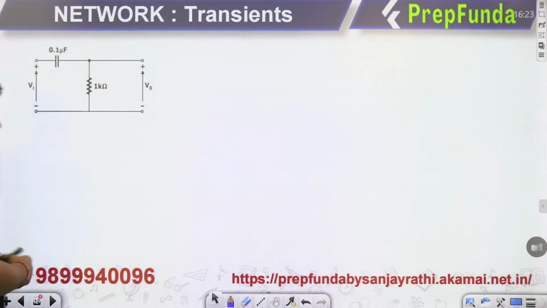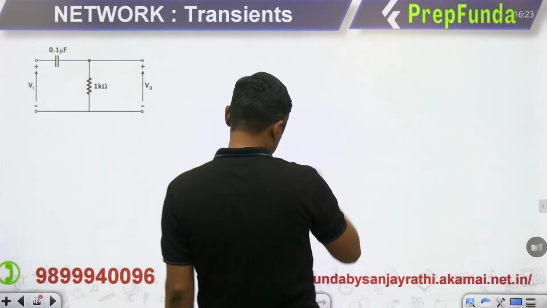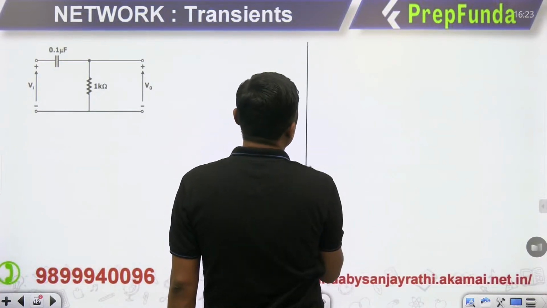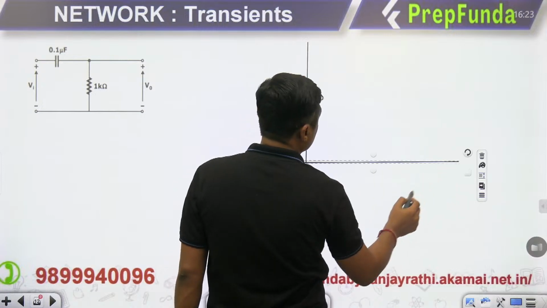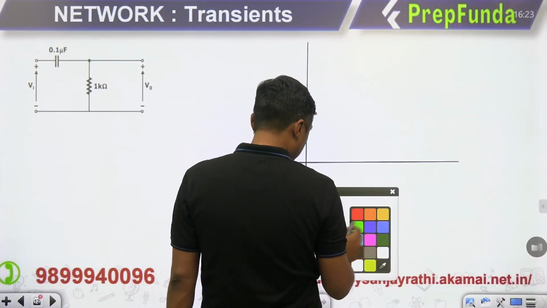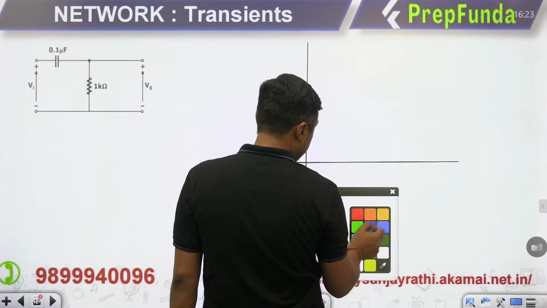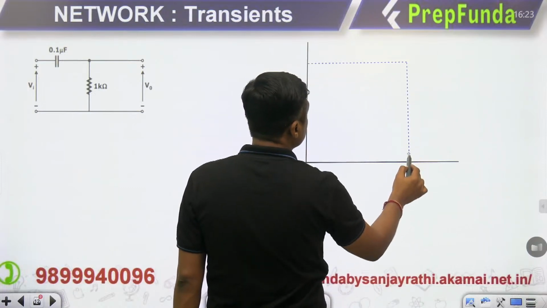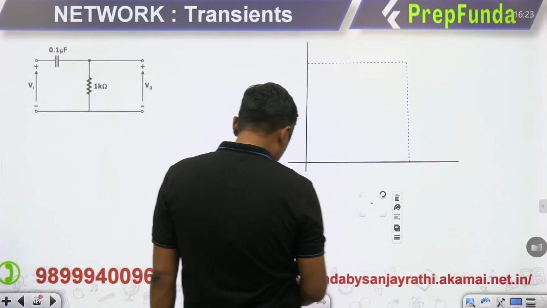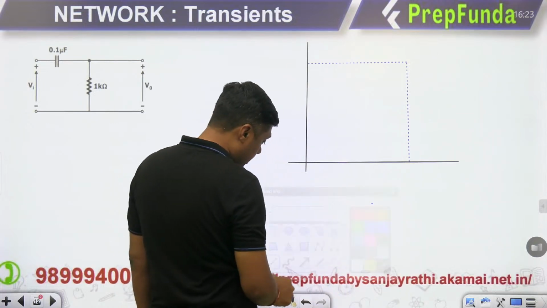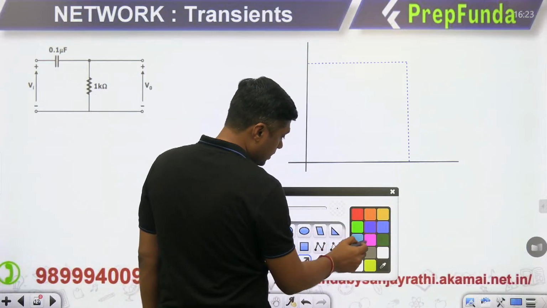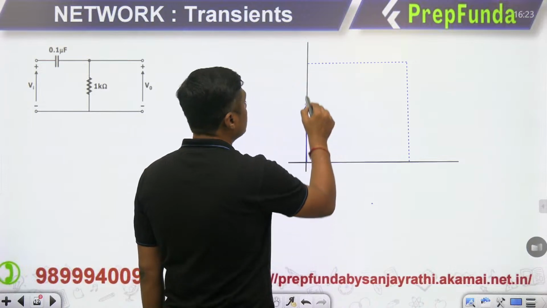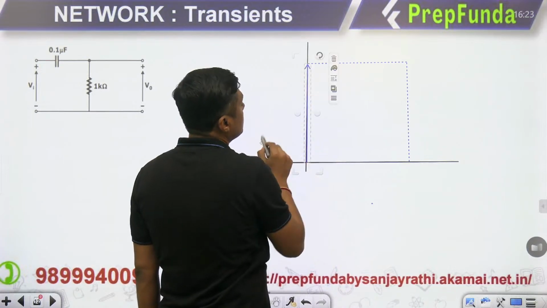Watch this graph. This is a very important diagram, guys. Watch it carefully. This is the pulse. Initially, what will happen? Suddenly the voltage will rise up to this value, 3 volt.